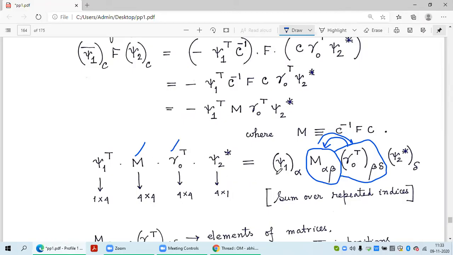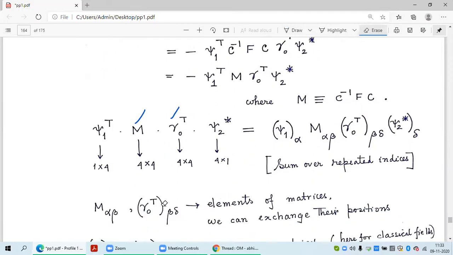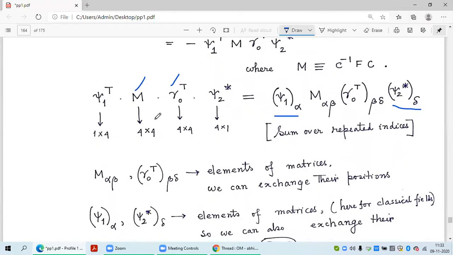But once I write them in terms of their elements, I can rearrange and reshuffle them. Clear? Also psi1 alpha and psi2 star delta are also elements of row and column matrices.